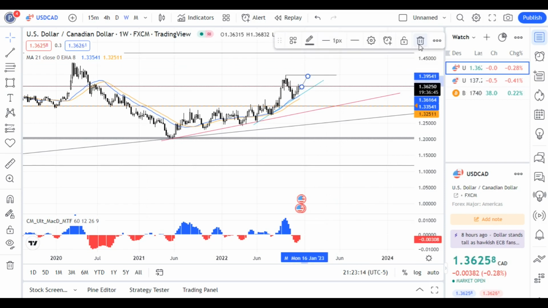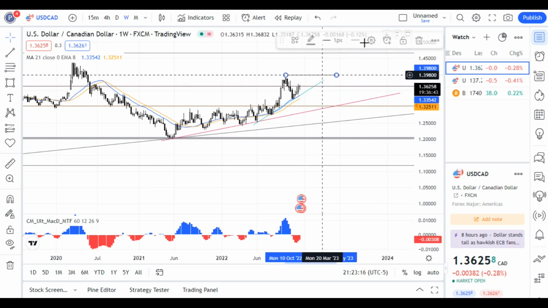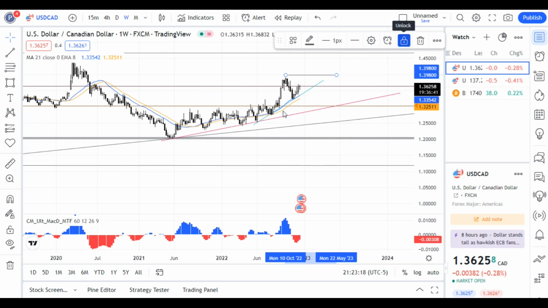So this level will be drawn and locked. I'll be looking forward for anything that will show up, whether beneath it or above it. Then yes, if you want to trade it, you will be in a good position to trade.